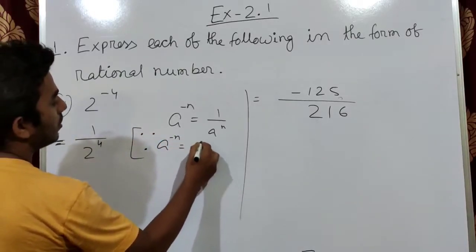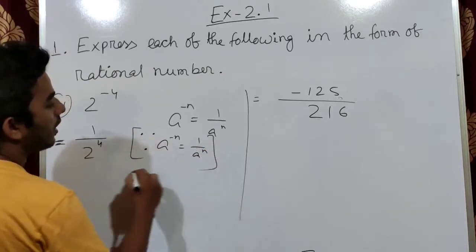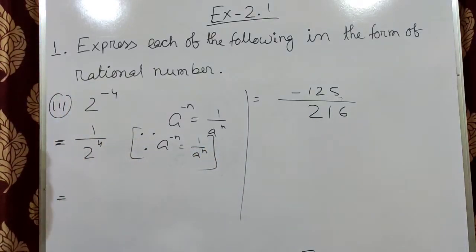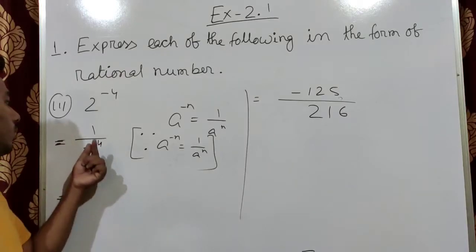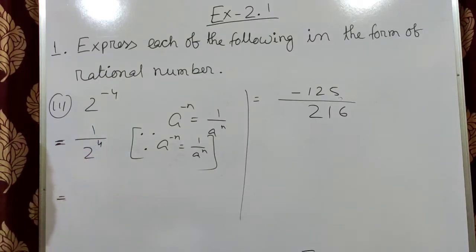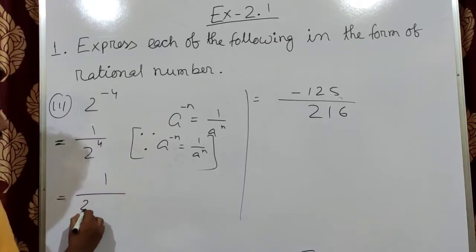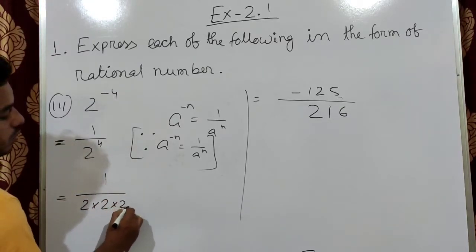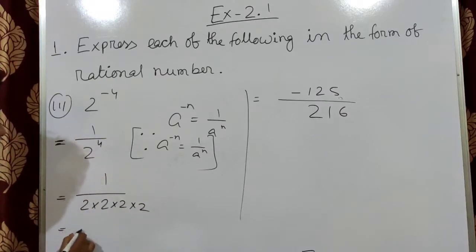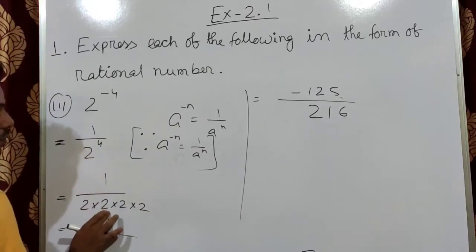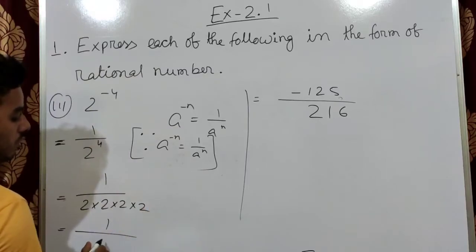It will be written in bracket, since a to the power minus n equals 1 by a to the power n. Clear? So now we will find out 2 to the power 4. So 2 to the power 4 means what? 2 into 2 into 2 into 2, which equals 1 by, 2 into 2 is 4, 4 into 2 is 8, 8 into 2 is 16.